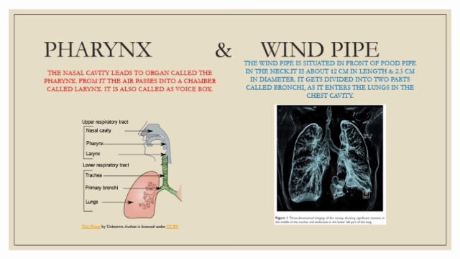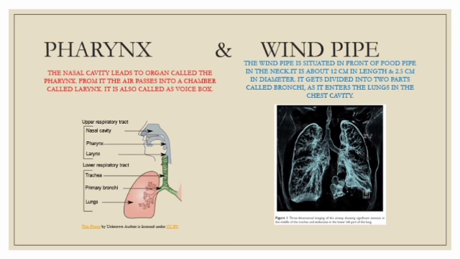Okay children, coming to the next part, after the pharynx and larynx we have the windpipe. The windpipe is situated in front of the food pipe. This is the food pipe and this is the windpipe. It is present in front of the food pipe in the neck region. It is about 12 centimeters in length and 2.5 centimeters in diameter.